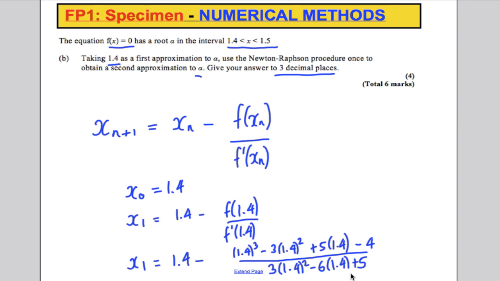So all you have to do is tap that in your calculator and get the appropriate answer. If you know how to use your calculator appropriately here, this is an easy task for you.